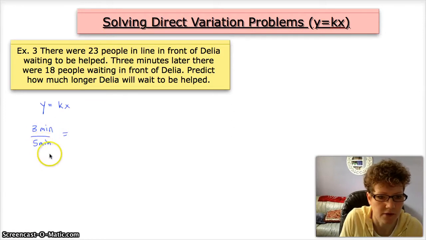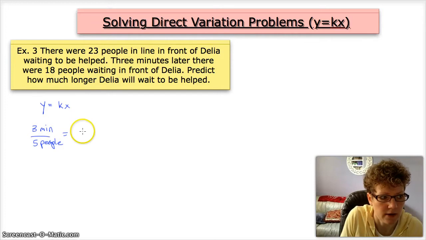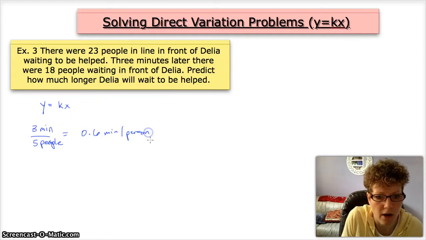Oops, I put minutes. This right here should be people. So it dropped 5 people in the 3 minutes. So we already know it's 3 over 5. Now that is approximately 0.6 minutes per person. So now we have a constant, approximate rate.